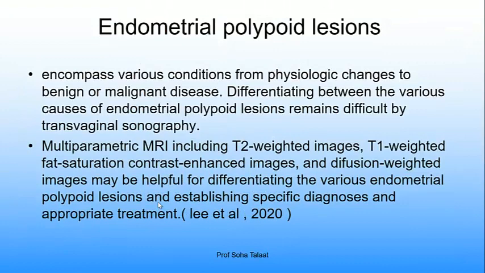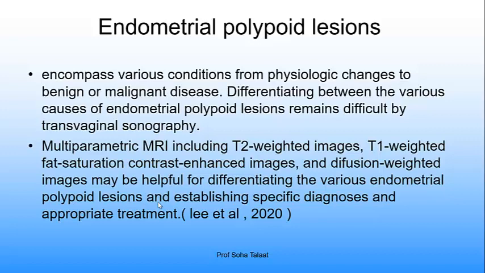Endometrial polypoidal lesions encompass various conditions, from benign physiologic changes, as we said in the childbearing age, and pregnancy-related conditions, to benign or malignant lesions. Differentiating between various causes of endometrial polypoidal lesions is sometimes difficult by transvaginal ultrasound.